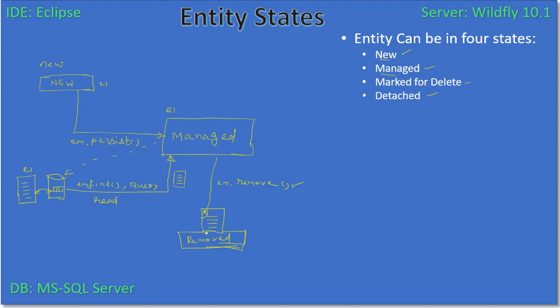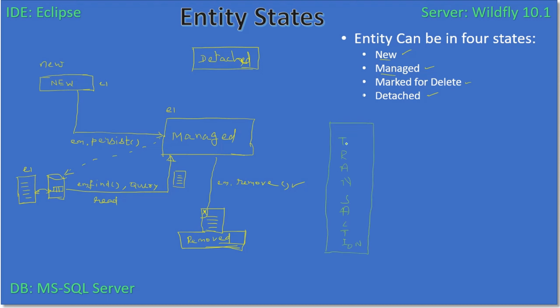That means the entity manager will mark this record as removed. So there will be managed and removed states here, right? Now there is a detached state also. We will talk about this detached state. For now, let's just have it here, detached.